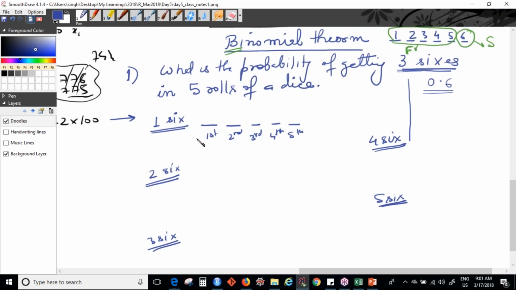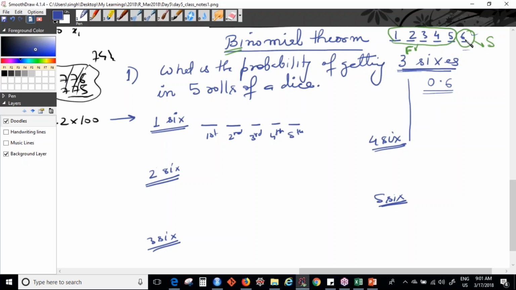So what is the probability of getting a 6 when you roll a dice only once? This should be easy. What is the probability of this success? Yes, this is 1 by 6, right? Everybody understands this, right, guys? The probability of getting a 6 when you roll a dice once is 1 by 6 because there are total 6 numbers and the probability of any number will be 1 by 6, right?